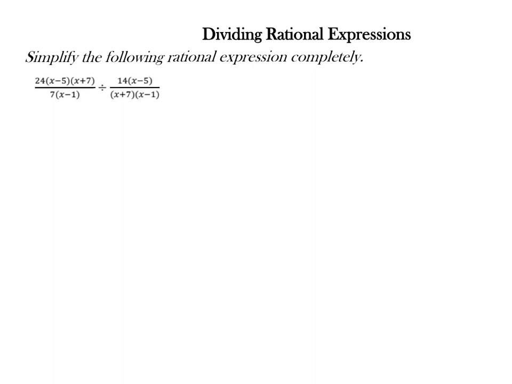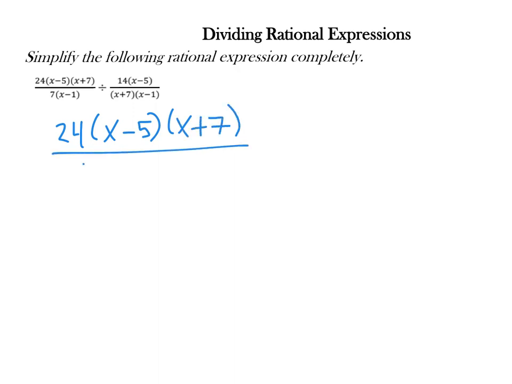Alright, so let's solve this together. I'm going to first start by writing out the problem by keeping, changing, and flipping. I'm going to keep the first fraction as 24 over (x minus 5)(x plus 7), divided by 7 times (x minus 1). We're going to change the sign to multiplication, and then we're going to flip the last fraction.